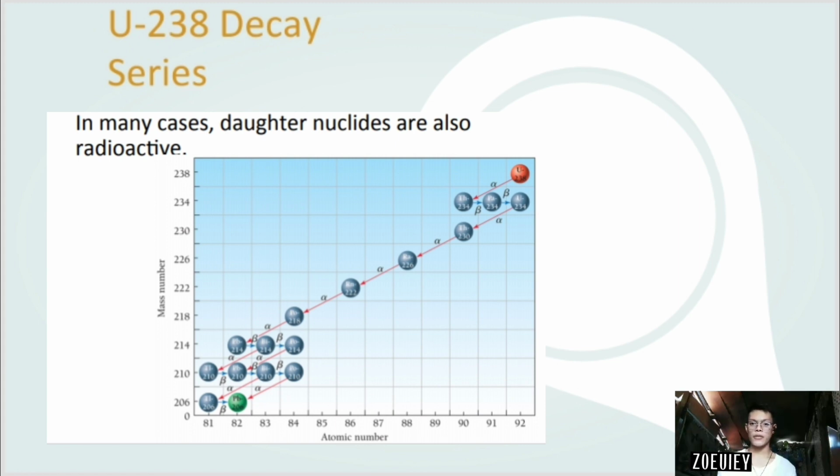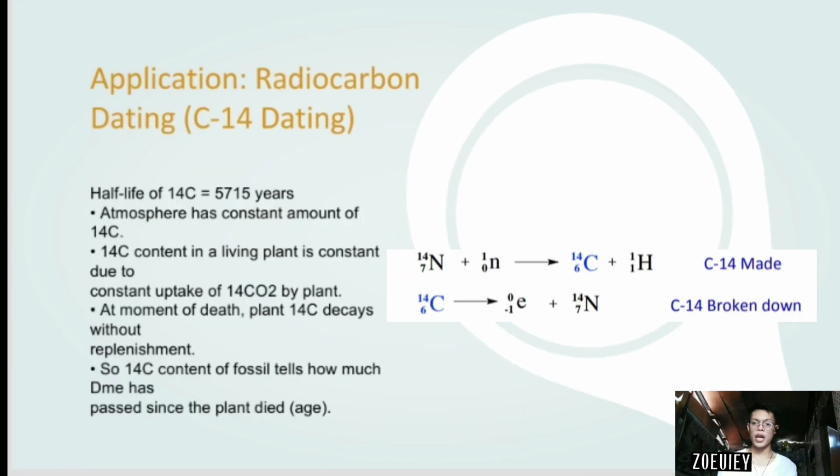And now we have the applications. The applications have the given problem. Here, 14 nucleons and 7 protons of nitrogen plus a neutron with 1 nucleon and 0 protons equals 14 nucleons and 6 protons of carbon plus 1 nucleon and 1 proton of hydrogen, which is carbon-14.